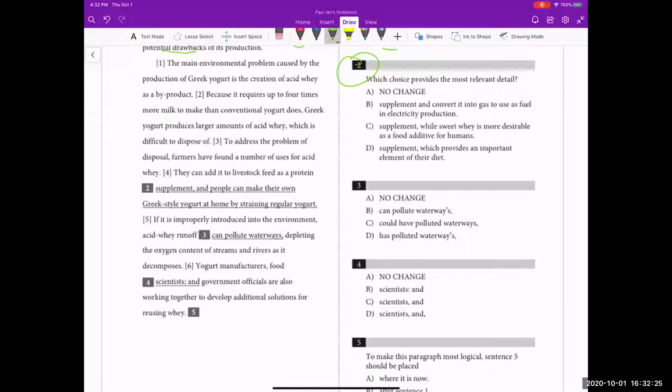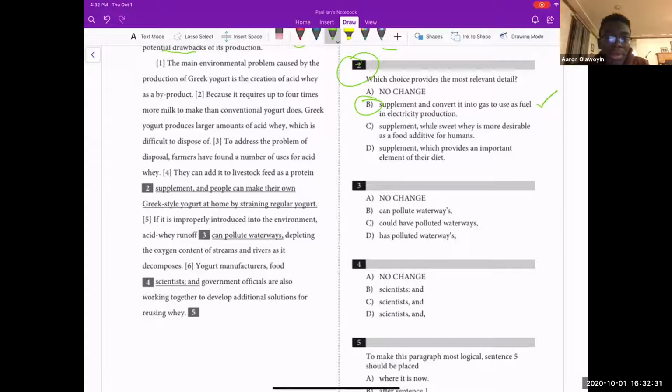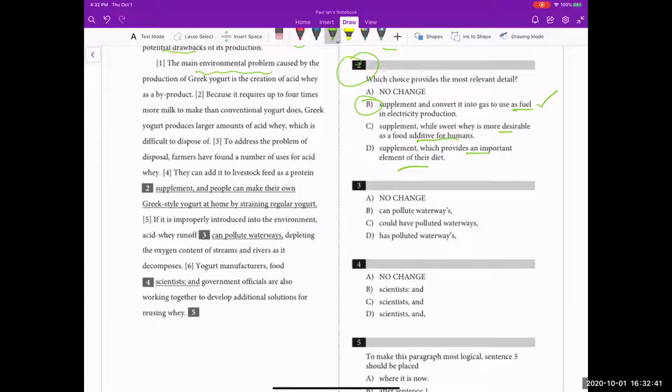Hey, you're good at this one. This is correct. Why? Because the paragraph was about environmental things, and the rest of them didn't really have to do with the environment. Yep. Fuel is the one.